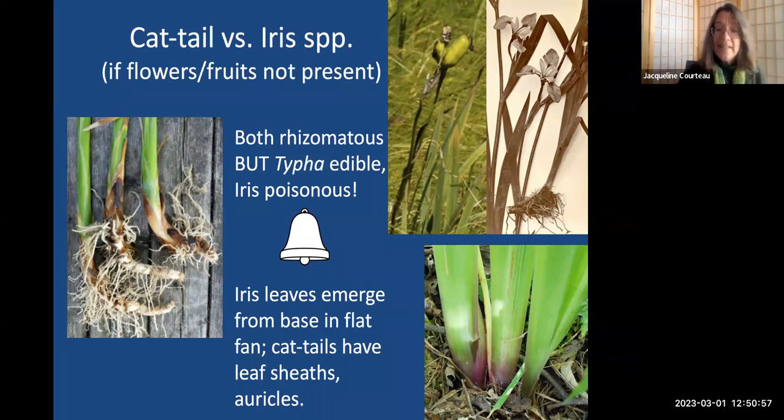And iris, in contrast, is not edible. It's considered toxic, although low-dose tinctures are available and sold, but you wouldn't want to go out and eat the whole tuber. So a really key difference is that the iris leaves are emerging from the base in a kind of flat, fan-shaped form, whereas the cattails have leaf sheaths and auricles, as you'll see even here.